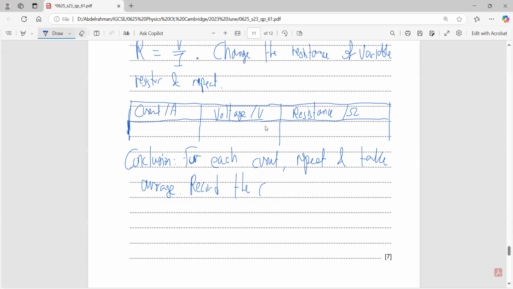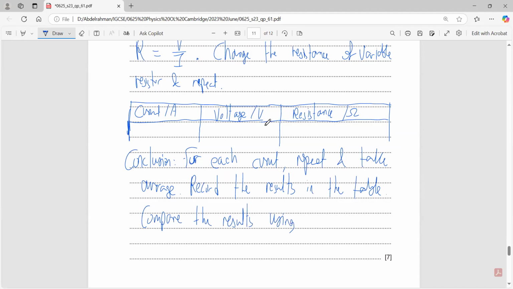Record the results in the table. Compare the results. How can I compare the results?